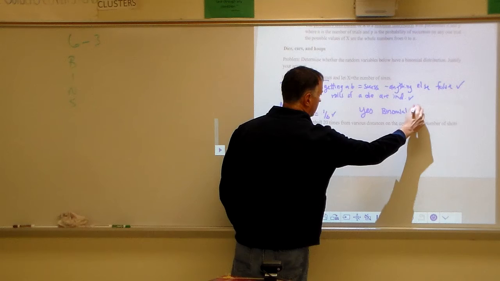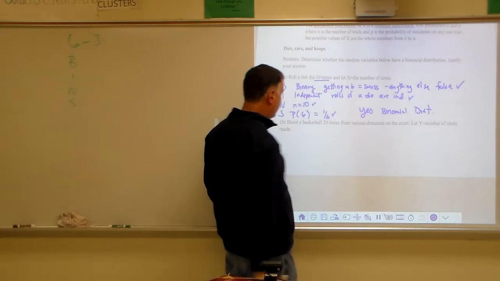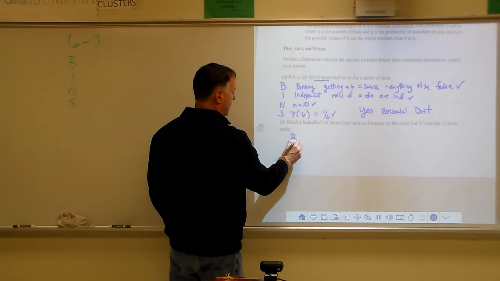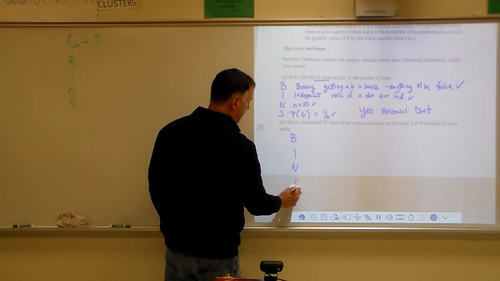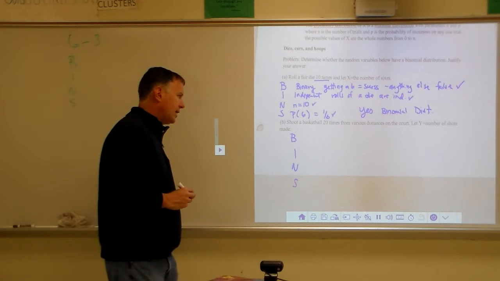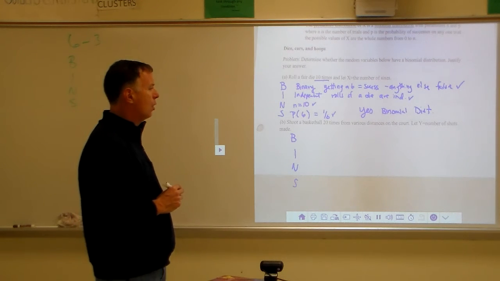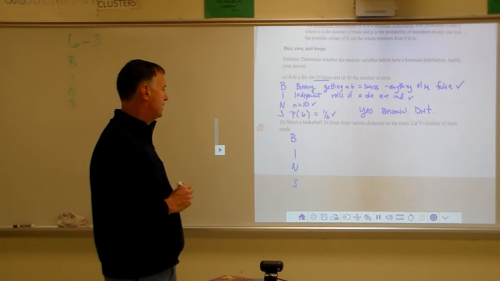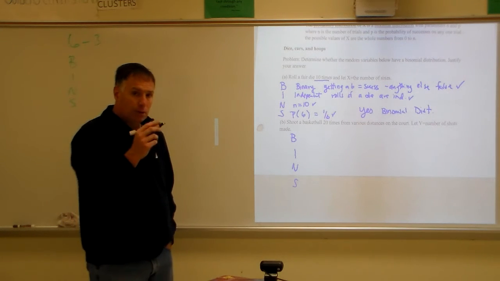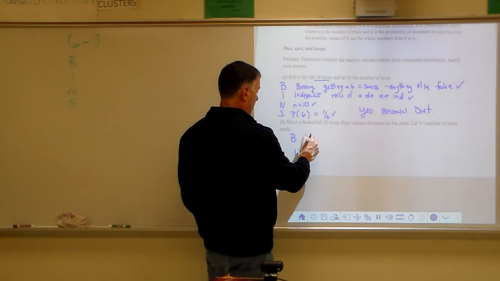Binomial distribution. Okay, let's do this next one. Do the same thing, we're going to do BINS. So I'm going to write B, I, N, S. Binary. What are we doing? We're shooting a basketball 20 times from various distances on the court. Let Y equal the number of shots made.